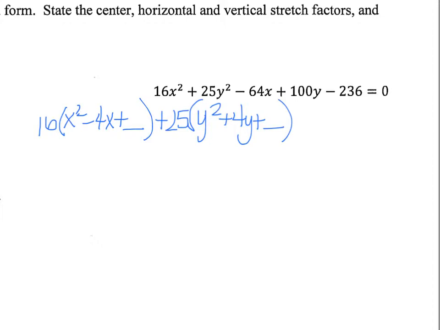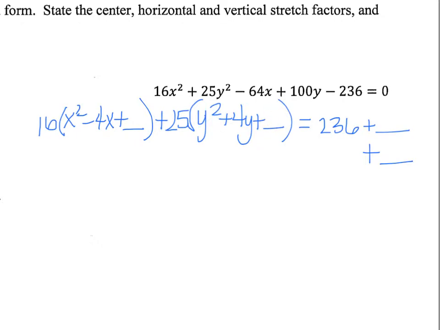That makes this equal to 236 plus the number that I'm going to complete the square with, form a perfect square trinomial on the x's, and that number is times 16 to put in that blank. I'm going to also add a blank to do the same thing with the y's.